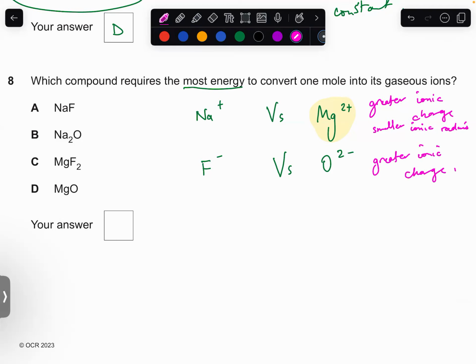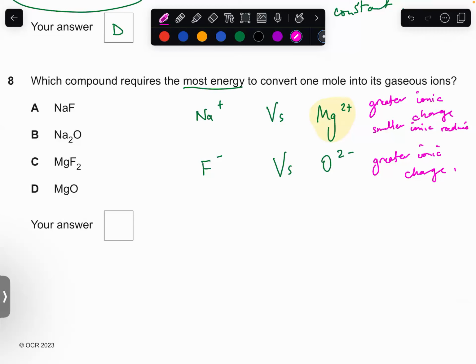And you see these factors, greater ionic charge, even though it's going to be slightly bigger than the fluoride ion, the fact that the ionic charge is double that of fluoride is the greater factor here.